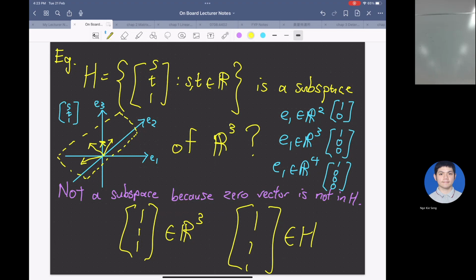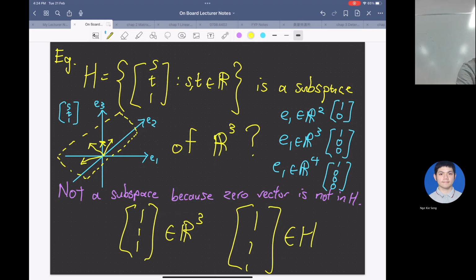You have 3D, and then you move the plane out. So the plane leaves the 0 vector, and you don't have the 0 vector in the plane anymore. Can you see it?